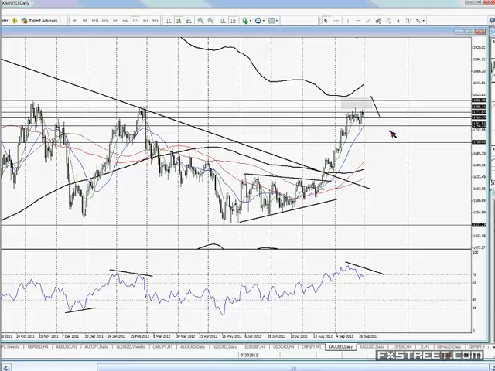Okay? So this is sort of looking at this as a range, and the target 1710. You could technically say you could target closer to the middle of this range, but I want to be conservative because of possible central bank activity.